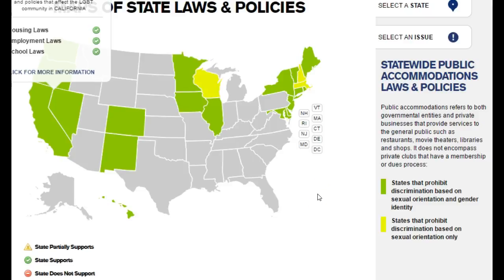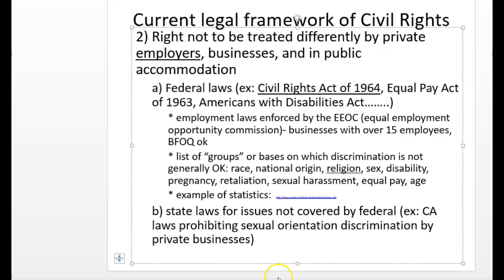Now, I want to add that there's a change afoot right now. Last year, the Equal Employment Opportunity Commission handed down a decision in which they interpreted sex discrimination as including sexual orientation discrimination.